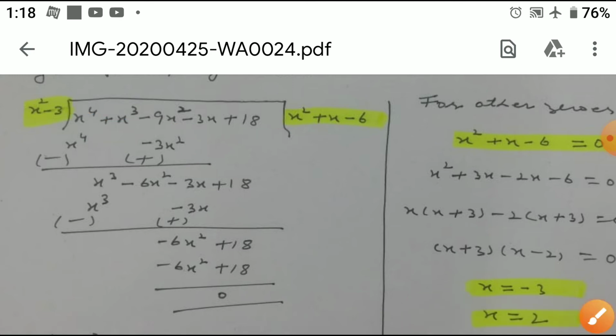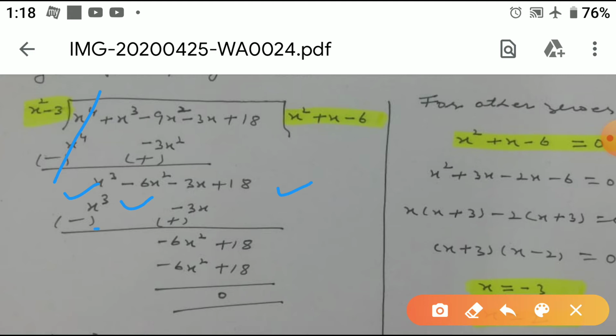Clear? Now change the sign. This cancels. Now we are left with the highest power x³. Now -9x² + 3x², because we have changed the sign here, right? We have to subtract as far as the division process goes. So -9x² + 3x² is -6x², and -3x + 18 as it is.